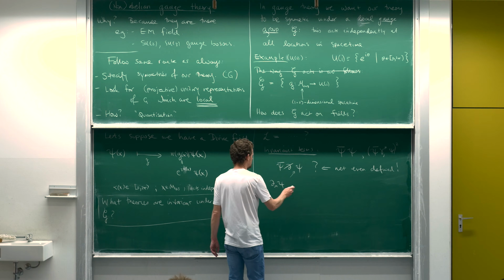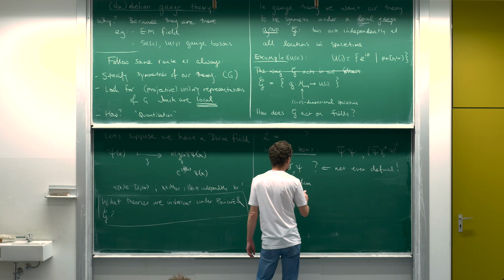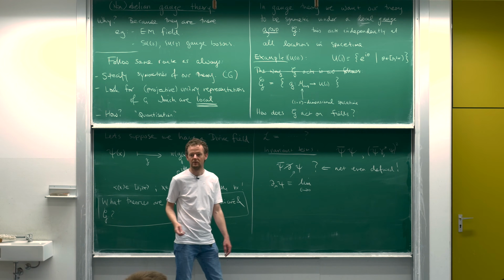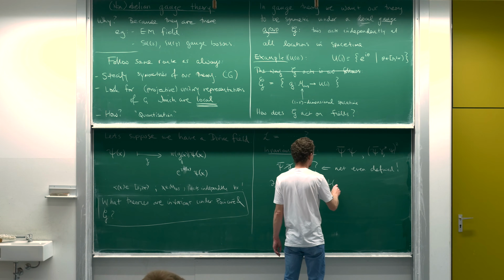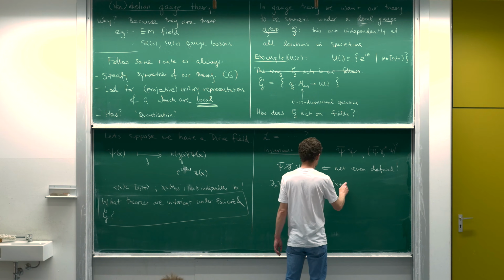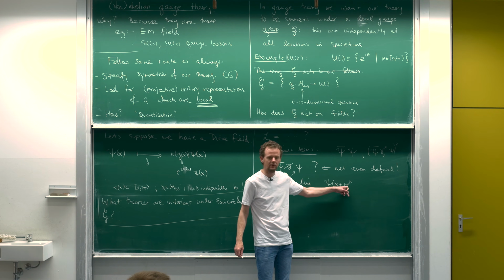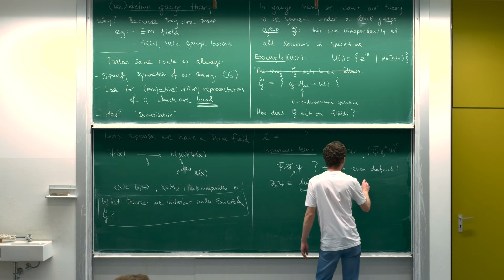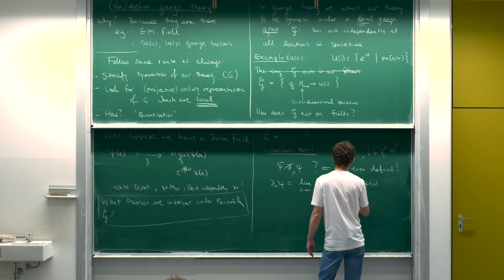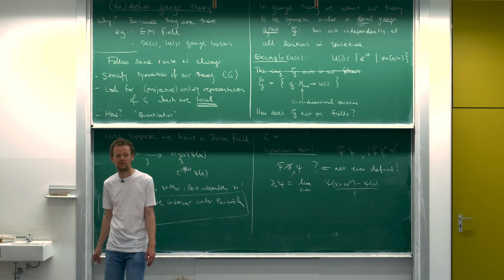And d mu psi is defined to be, according to the rules of calculus, a limit of the difference between two fields, namely the field at a space-time location a little bit away in the direction of the mu vector from x, minus the field at x, divided by epsilon. That's what d mu psi is equal to.